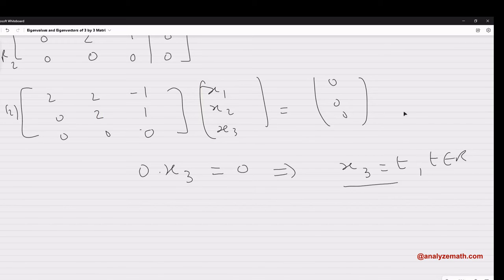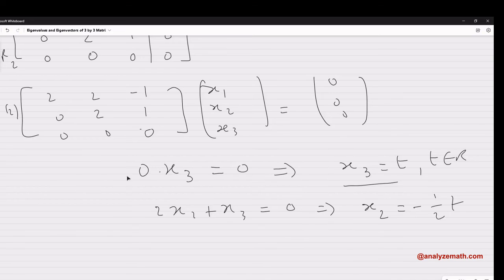So, 2x2 plus x3 equal to 0. That gives me x2 equal to negative half of x3. It means negative half of t. Don't forget, x3 equal to t.